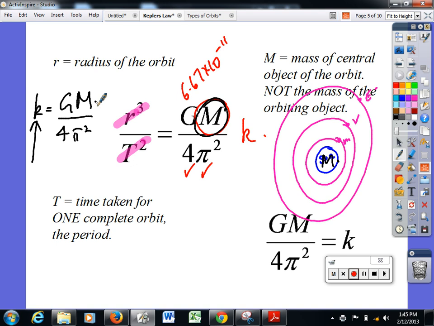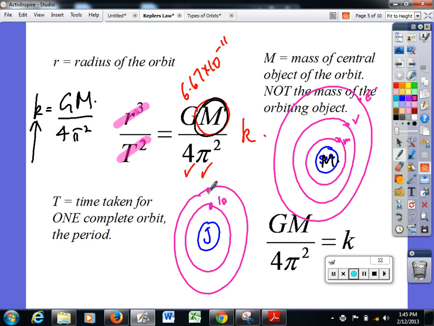So if this time we're talking about Jupiter as a centre, and here is Io, which is the first moon, and then here is Callisto and Europa. Are they orbiting the sun? No. Now that it's a different orbital system, there is a different K. So for every central object of orbit, there is a different K. Are we okay with that?